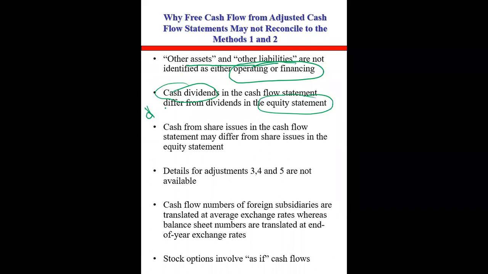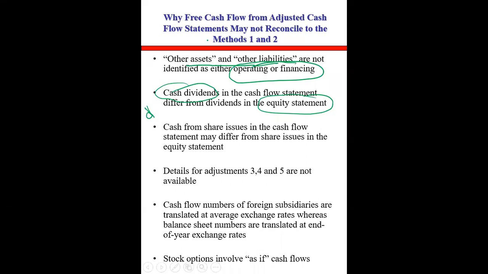So if there is anything which you do not know, it will cause the difference between the method 3 free cash flow and the free cash flow estimated from method 1 and method 2. Okay.